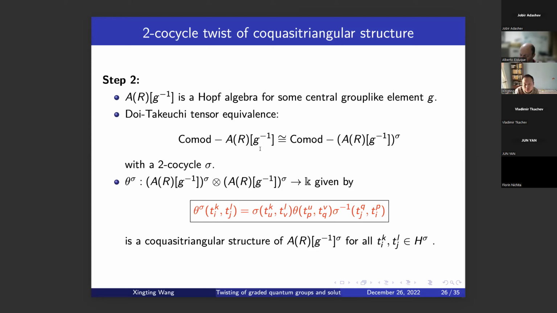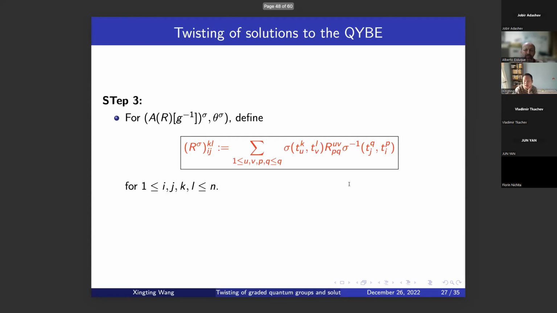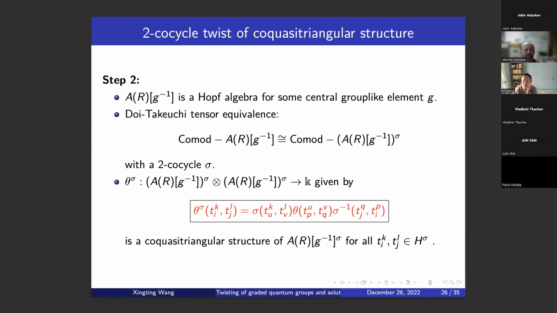If you twist it by a two-cocycle twist, you get a new solution on the right side using the new quasi-triangular structure, which I stated in the red box. That's the philosophy of how you get new solutions by looking at equivalences of braided categories.